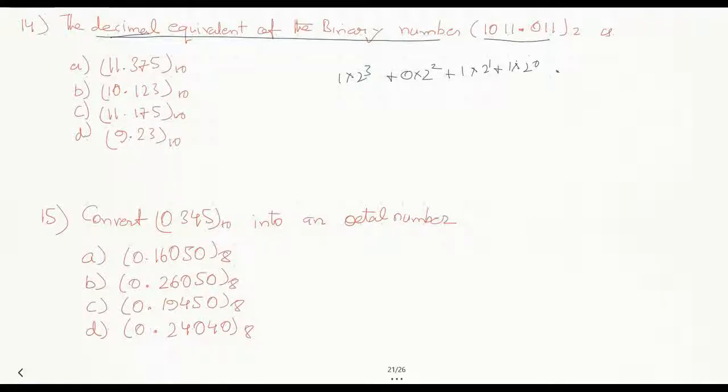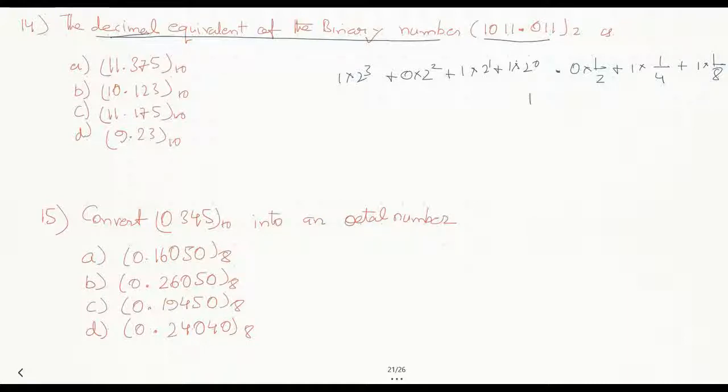And after the point they have to be given negative powers, that is 0 times 1 by 2 plus 1 times 1 by 4 plus 1 times 1 by 8, right? That is 2 to the power 1, 2 to the power 2 and 2 to the power 3. So 2, 4, 8. Now we will evaluate it.